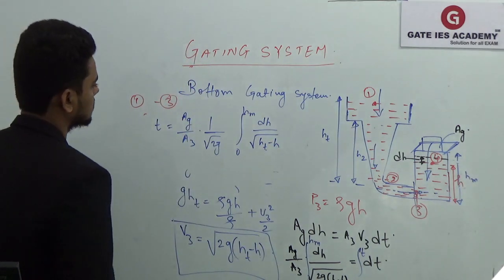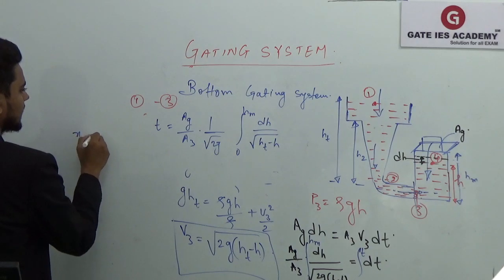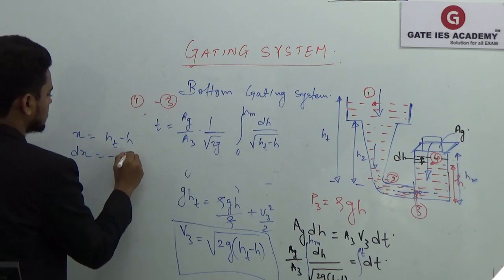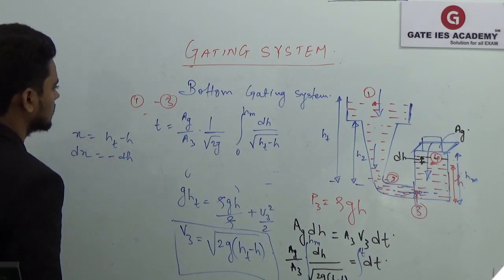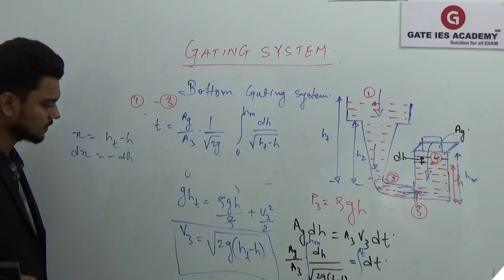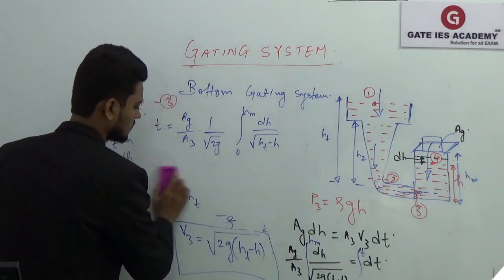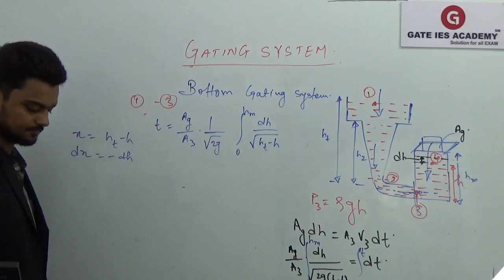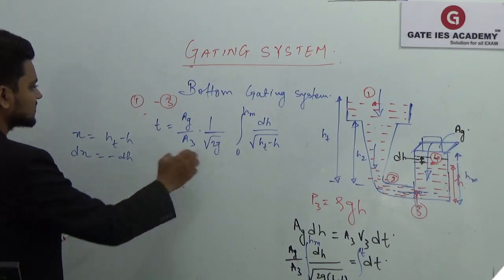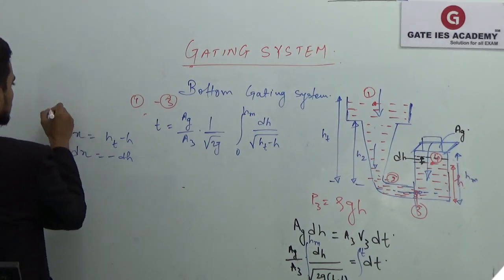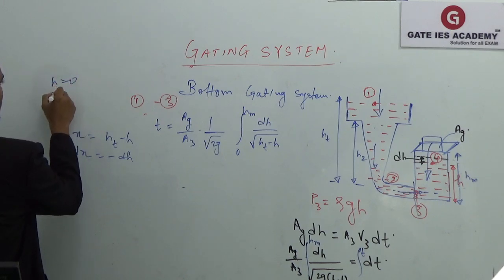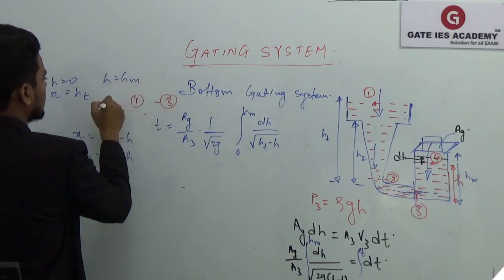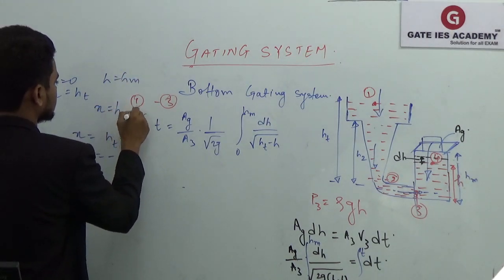We take x equal to h_t minus h, so dx will be minus dh. When h equals 0, x equals h_t, and when h equals hm, x equals h_t minus hm.